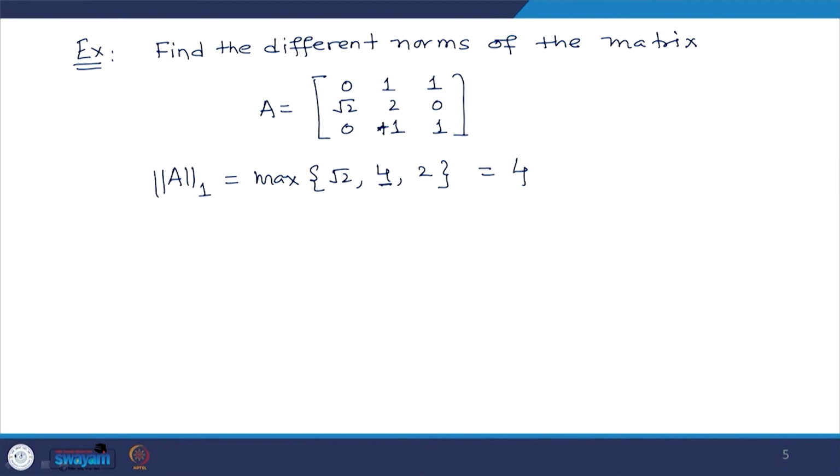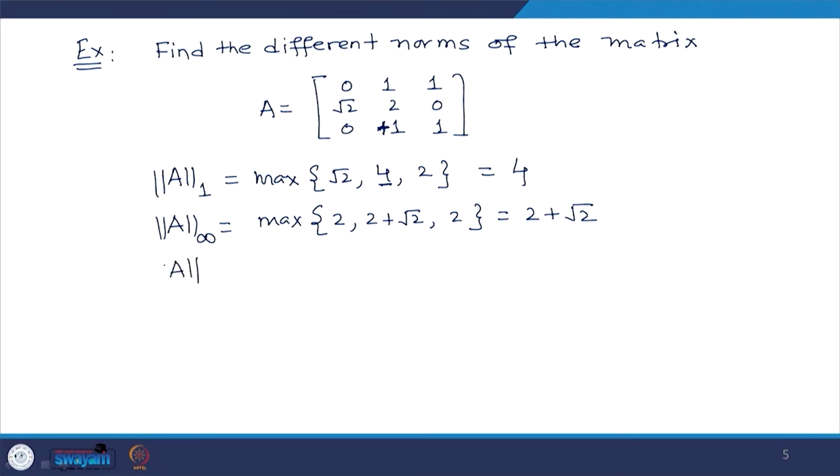At this moment I am taking everything as plus. Now, the infinity norm will be the maximum row sum. The sum of the first row is 2, the sum of the second row is 2 plus root 2, and the sum of the third row is again 2. So, it comes out to be 2 plus root 2.